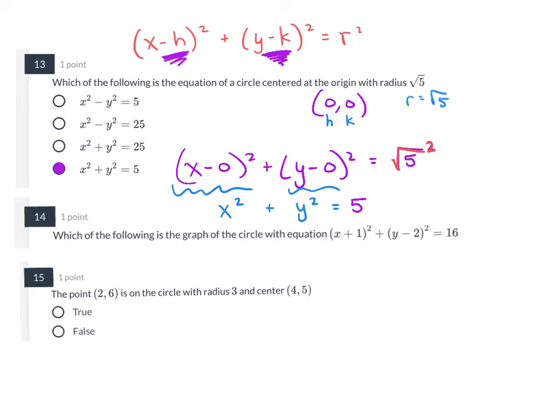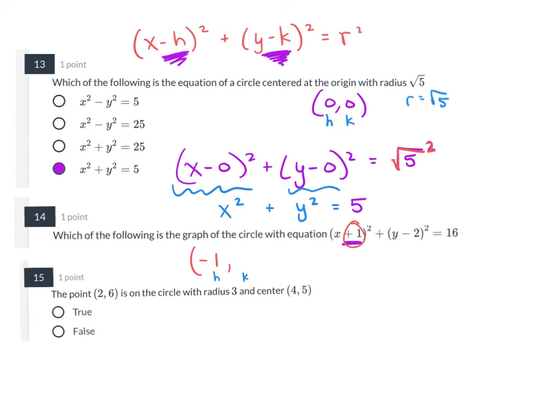So I can easily take a look at this and be like, okay, this must have been x minus negative 1. You could think of it like that, and you could think of, hey, the h is negative 1. Or you can just think like a normal person and just think, hey, it's going to be the opposite. It's going to be the opposite of positive 1.